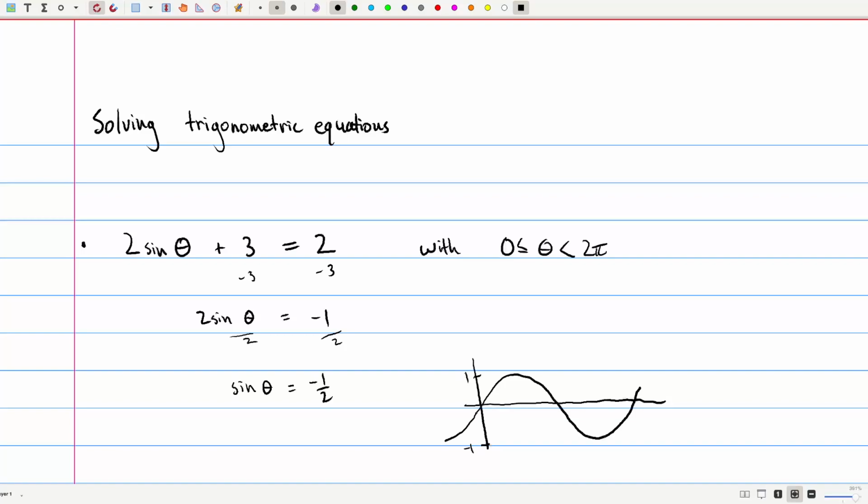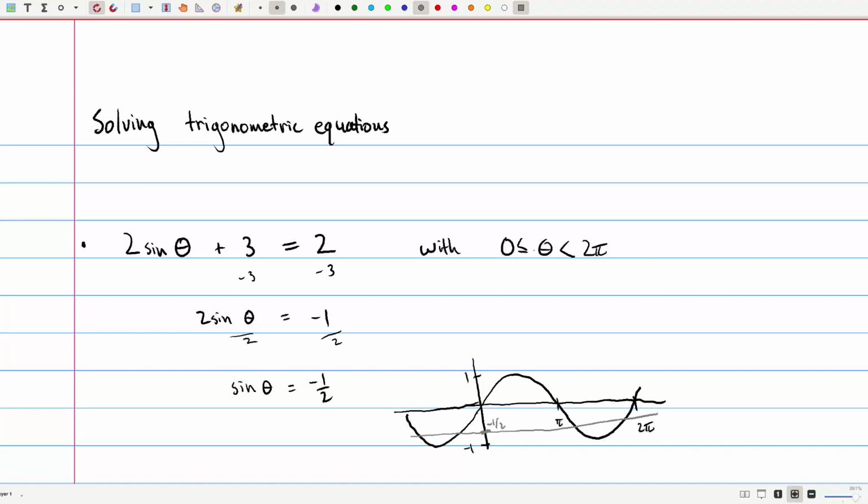I'm also going to continue this one more half period on the minus side. So it goes up to 2 pi. That's pi. And then we want to know when sine is equal to minus 1/2. So I'm going to draw the line y equals minus 1/2 right here.